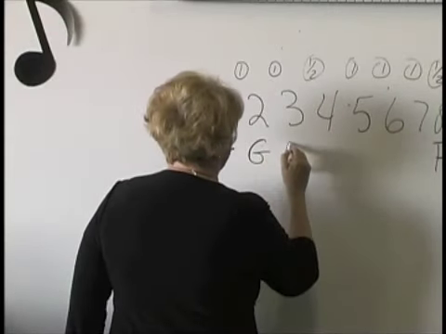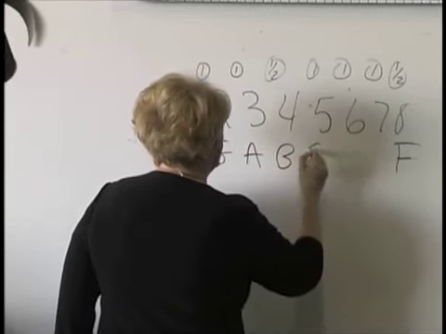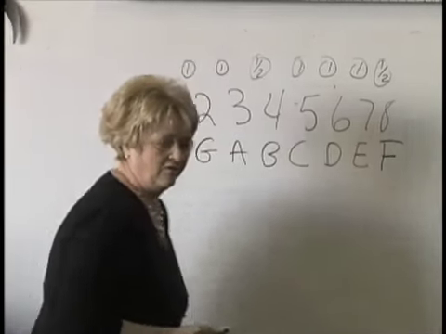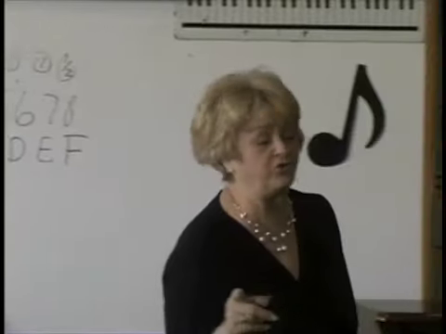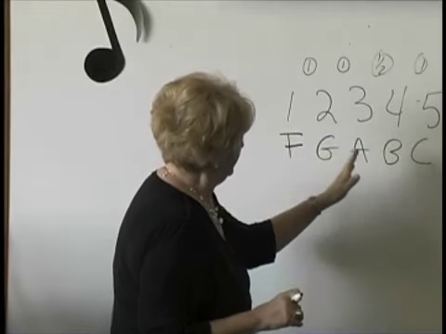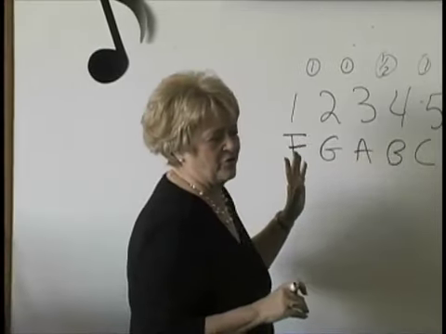F, G, A, B, C, D, E, and F. Now, let's listen to it, because I'll bet you your ear will tell you which one's wrong. Okay, listen. Hear it? It's like 4 notes up. So let's figure out which note was wrong.